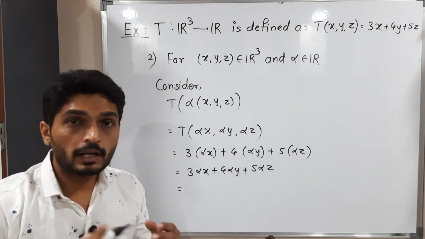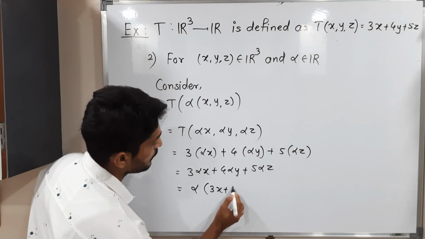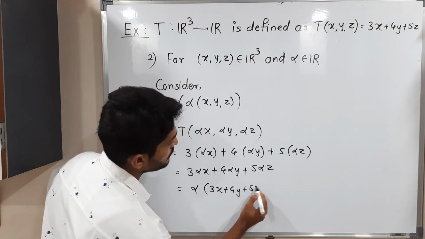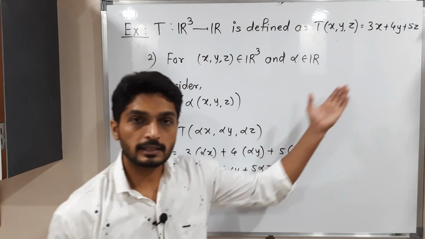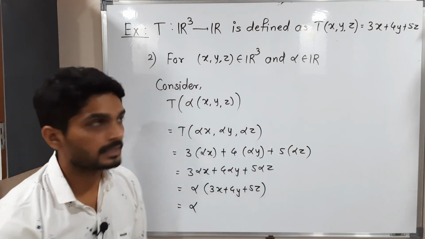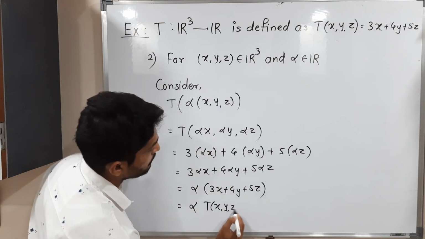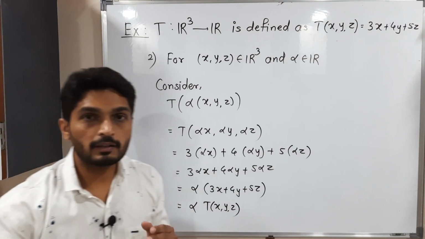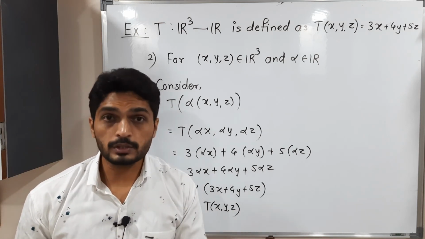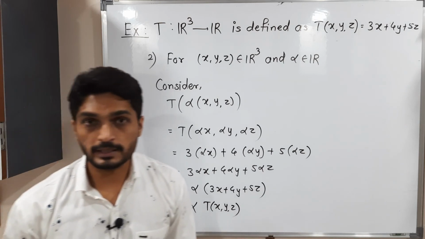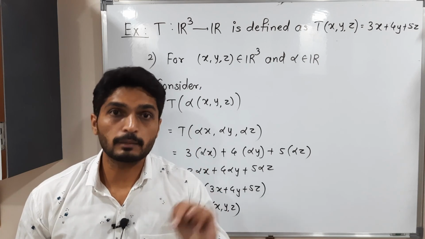So we can take alpha common. In the bracket we will have 3x plus 4y plus 5z. So this is equal to alpha times this bracket, which is nothing but T of x, y, z, as you can see from the definition. So we started with T of alpha x, y, z, and finally we could prove that alpha we can take outside and we will have alpha into T of x, y, z. In this way we have proved that T satisfies its second property also.